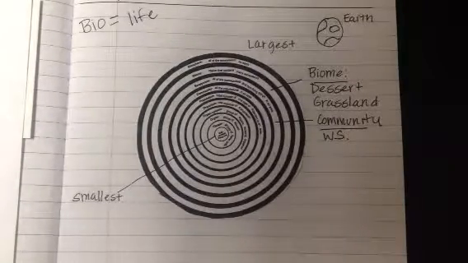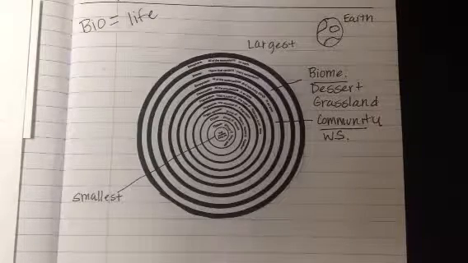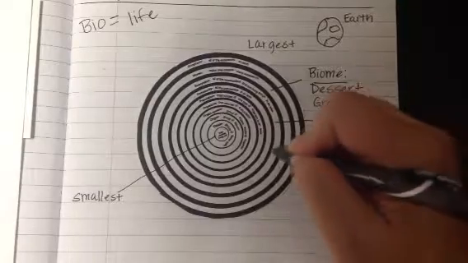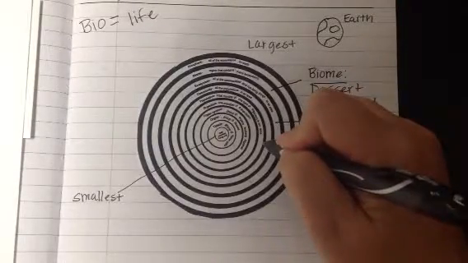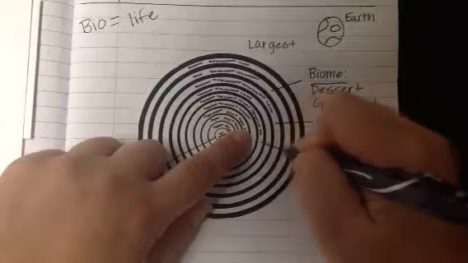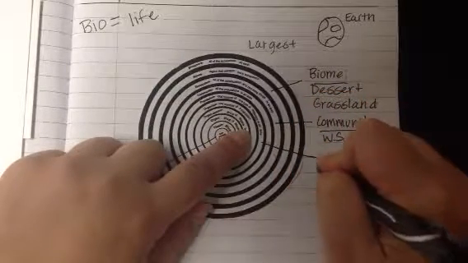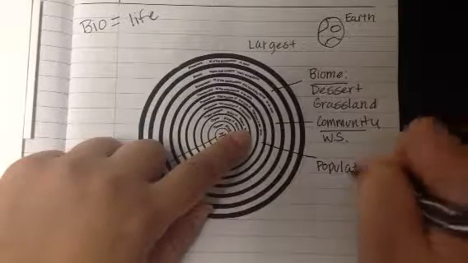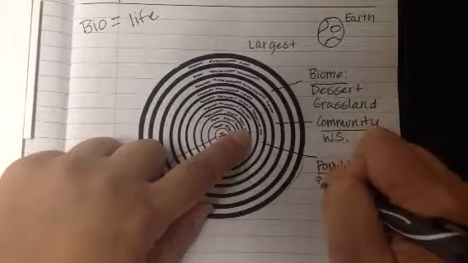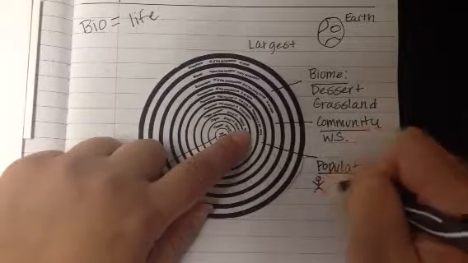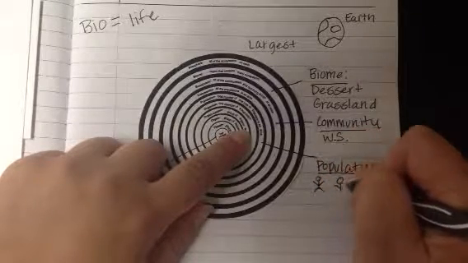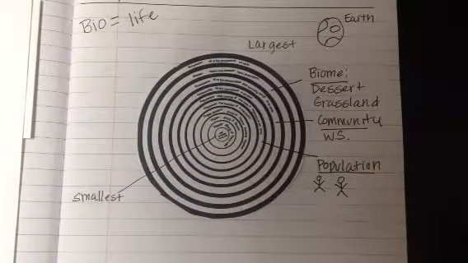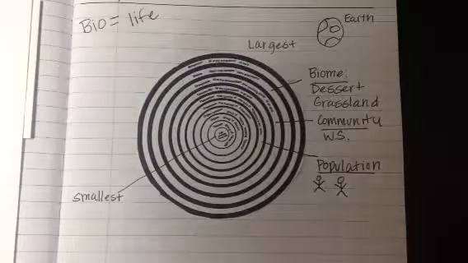And from a community, we go to population, the total number of one type of organism in that area. So, for instance, we have a population of humans that live in White Settlement or Fort Worth. Okay? So I'm just going to draw little people to represent population.